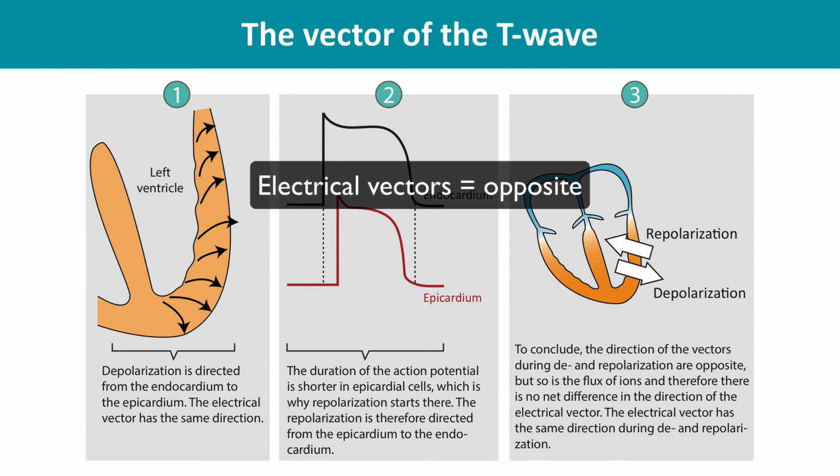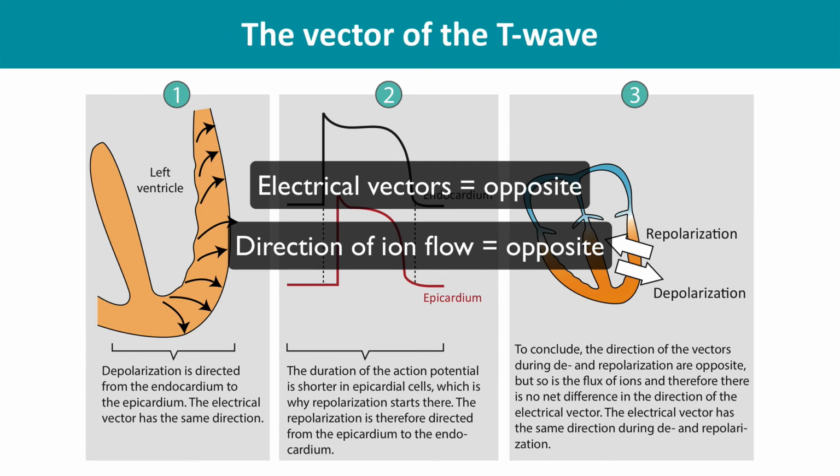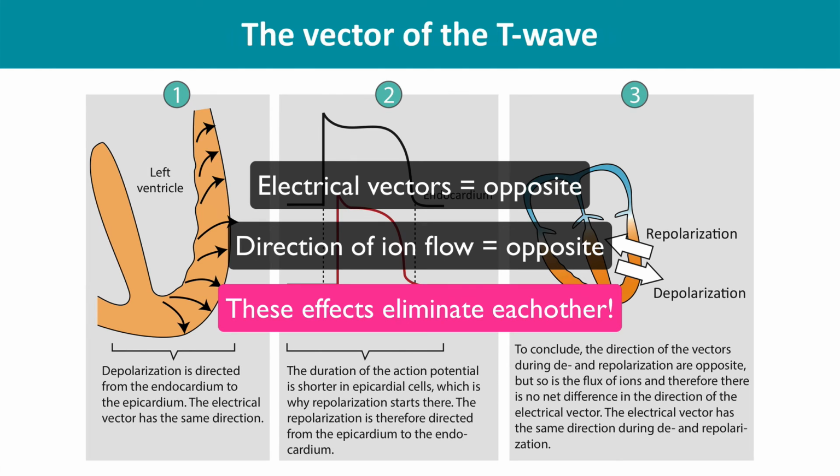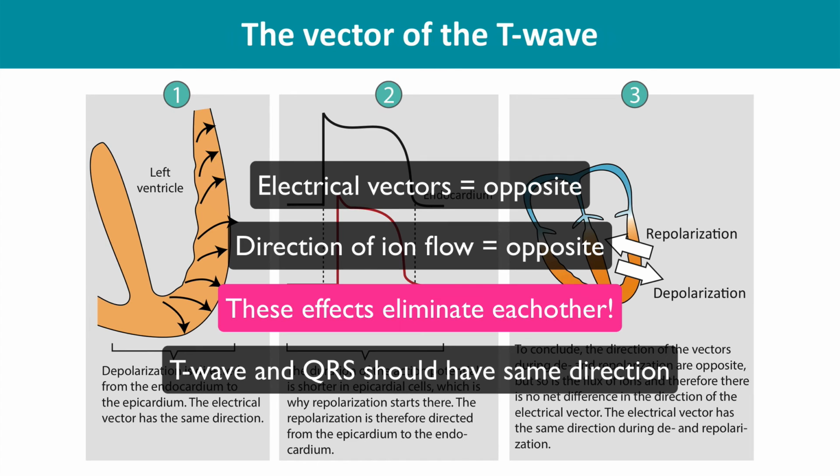Now remember that the flow of ions is also oppositely directed during depolarization and repolarization. And this means that both the flow of ions and the direction of the vector will be oppositely directed. And these two opposites will actually take out each other so that there will be no net effect of these phenomena. So the direction of the T wave on the ECG should follow the direction of the QRS complex.